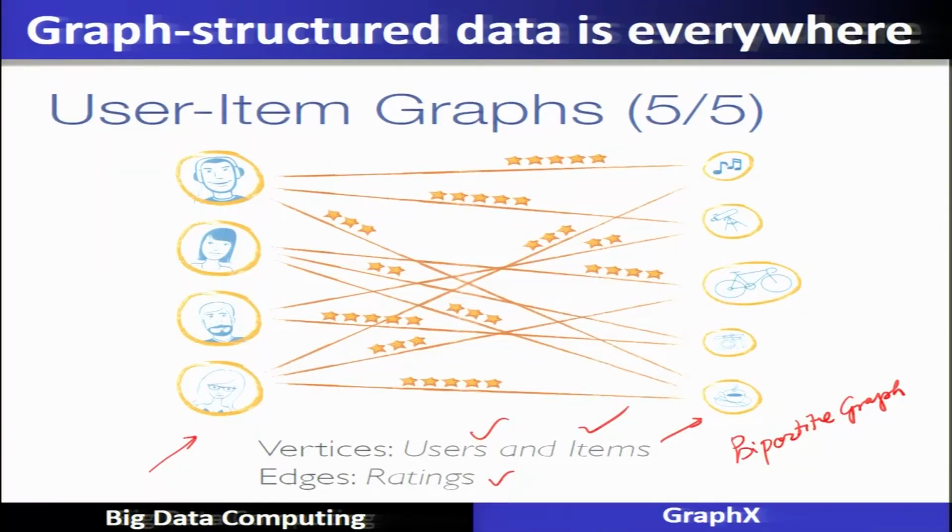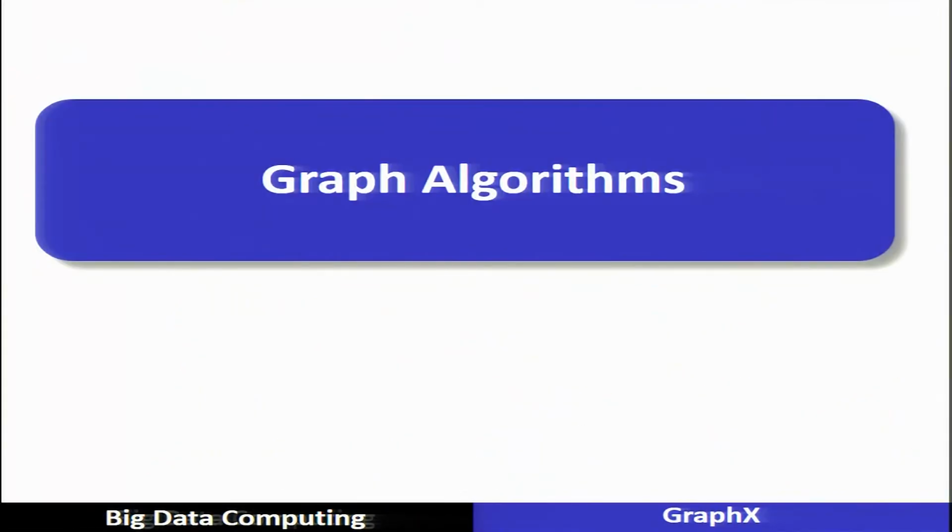That becomes an edge with the weights given as the ratings. So the user item graph is a bipartite graph where the vertices are the users and items, whereas the edges are the ratings given by the users for different products, and it can be represented in the form of a graph.